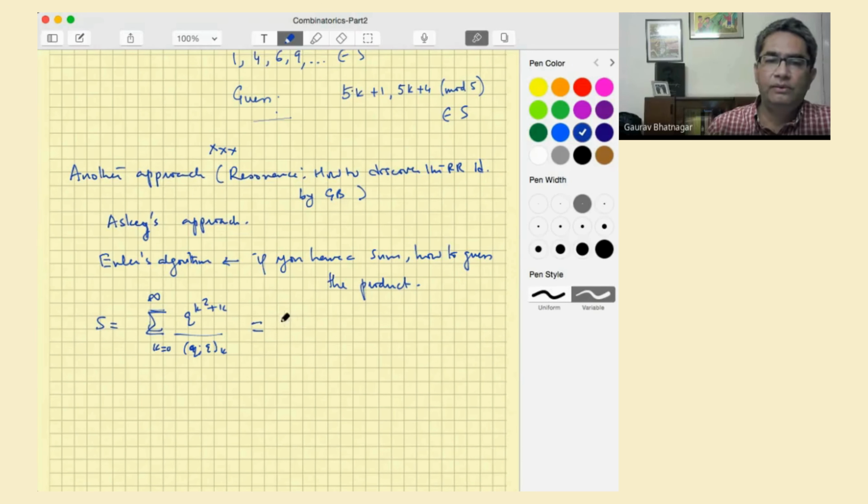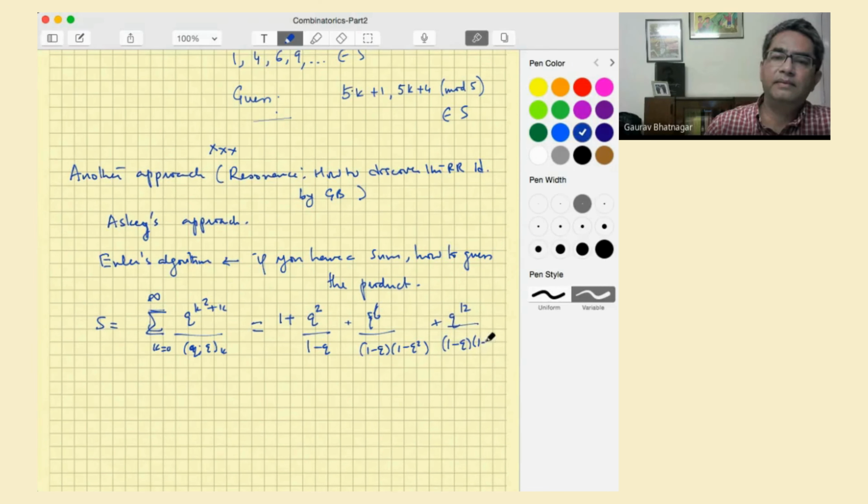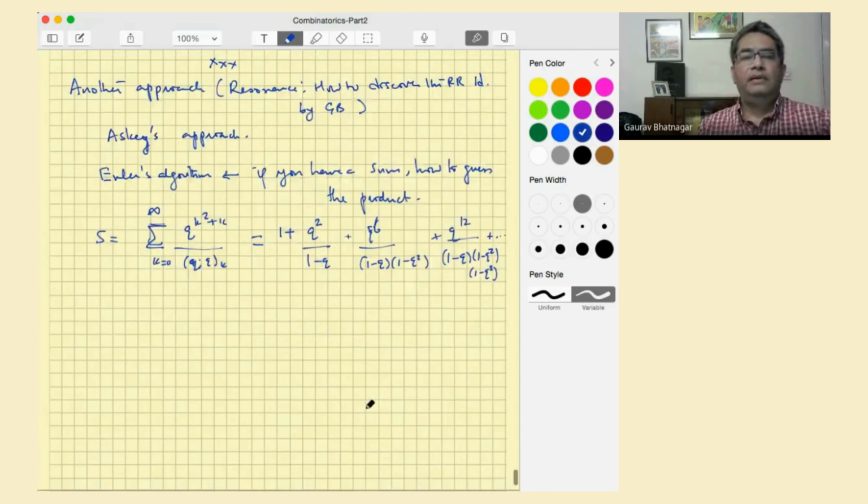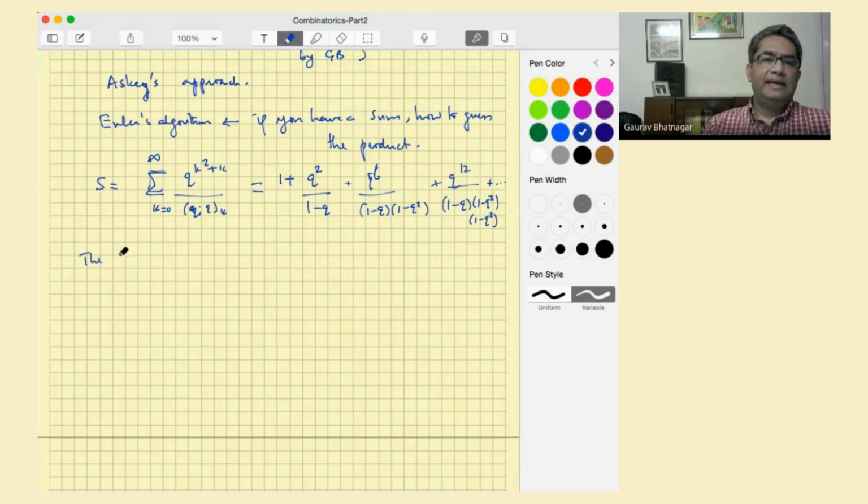So let's just write a few terms. The right hand side is of the form, if you expand all the 1 over 1 minus q into series, then it's of the form 1 plus q square plus more terms, right?